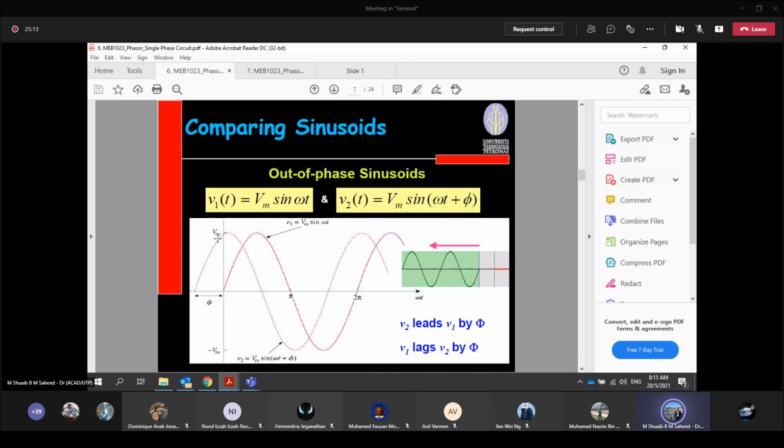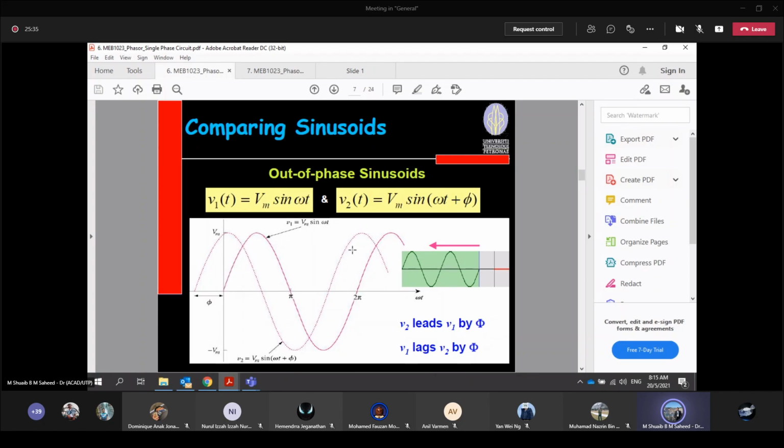And when it reaches the maximum value, only then does V1 start to happen. V2 has reached the maximum and is now going to 0, while V1 is starting from 0 and then increasing to the maximum.